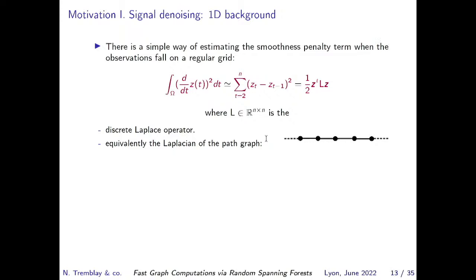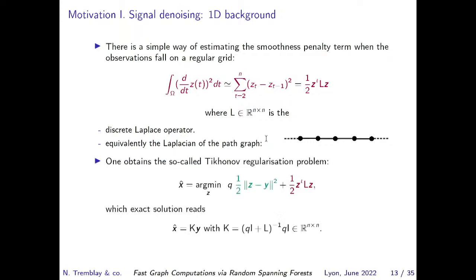If I have this path graph here, I compute its Laplacian as I showed you before, and this is the discrete Laplace operator. So by generalization, the so-called Tikhonov regularization problem can be written this way, where the regularization term is just Z transpose L Z.